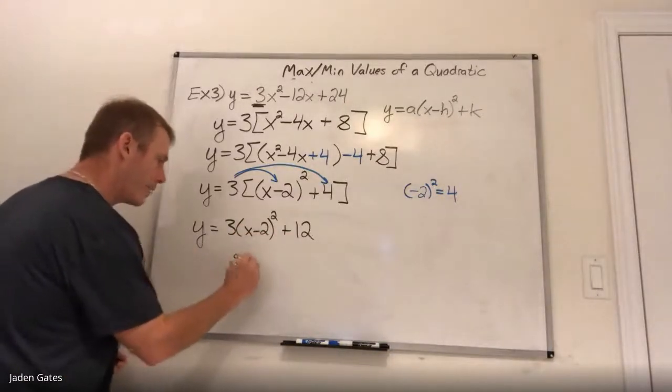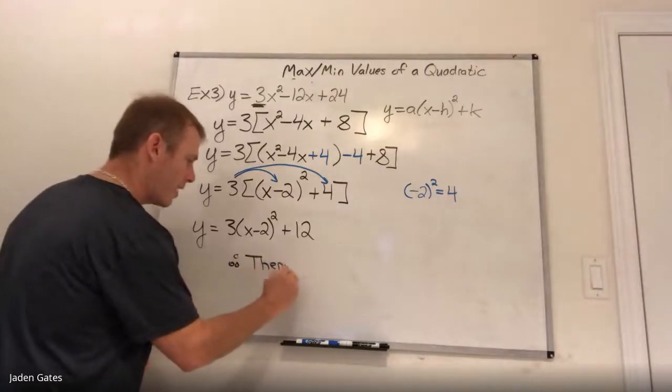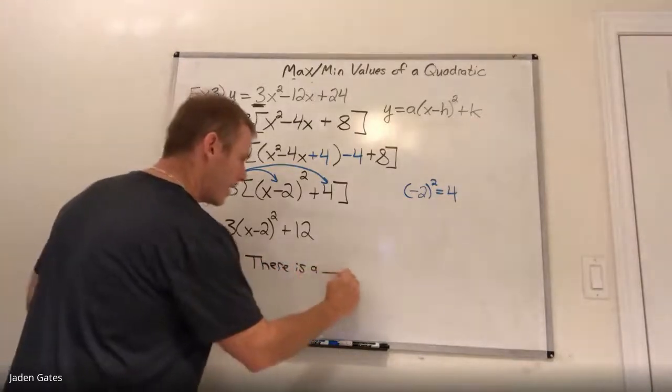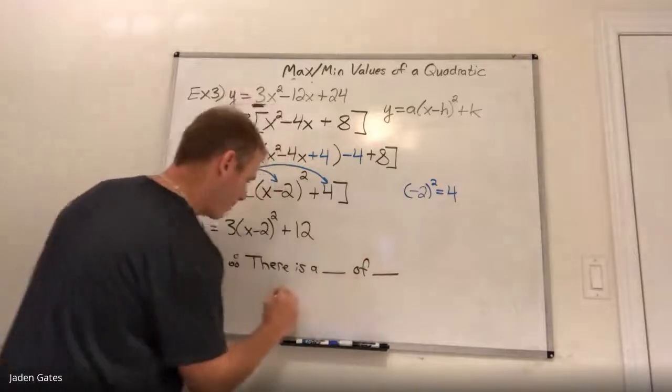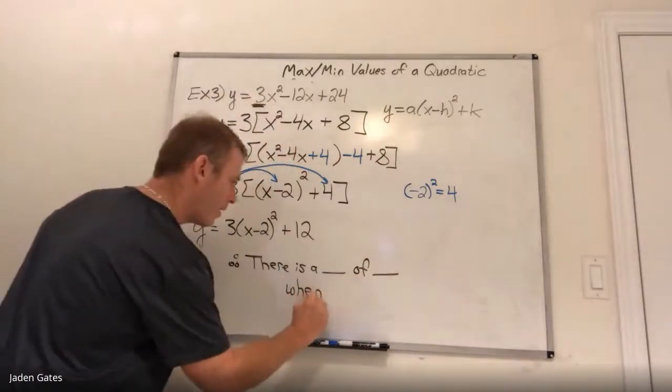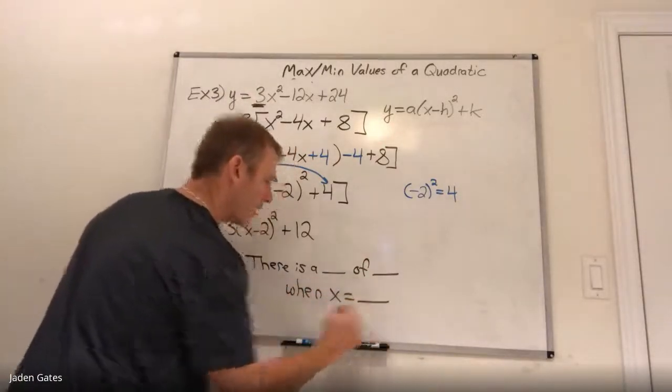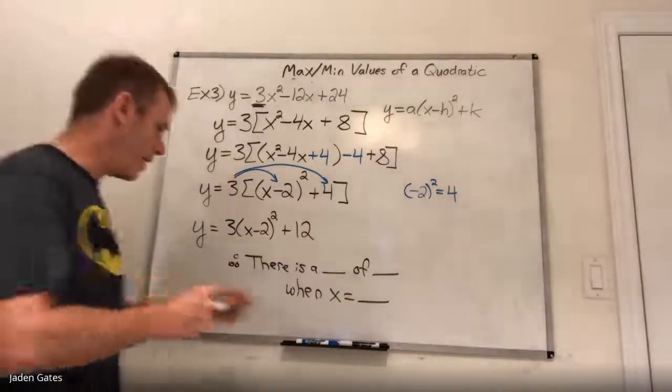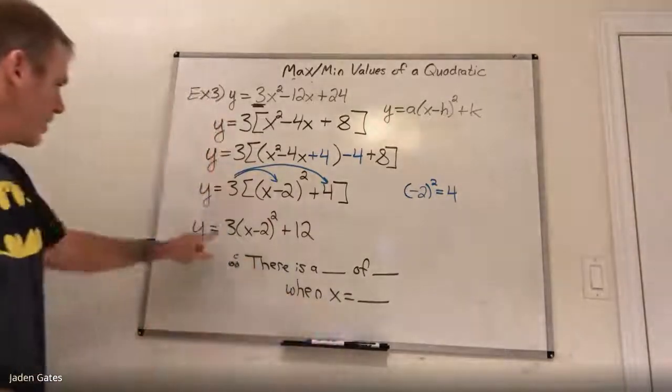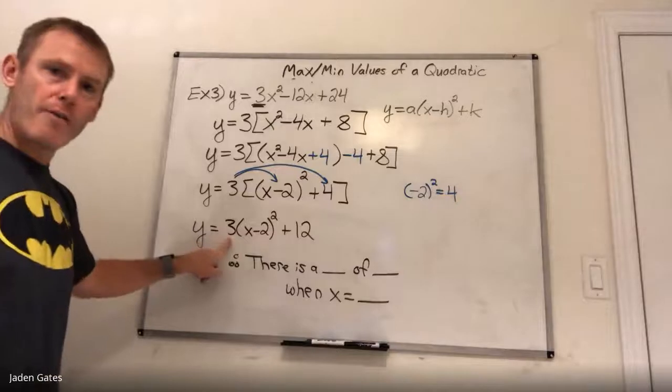So now I can complete my sentence. There is a blank of blank when x equals blank. All right, so I check it out. Let's see here. My a value, again, will tell you whether I have a max or a min.